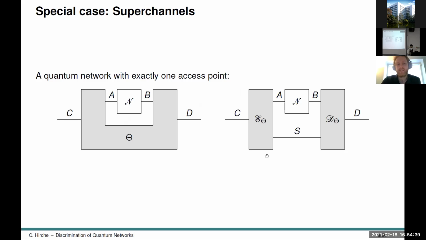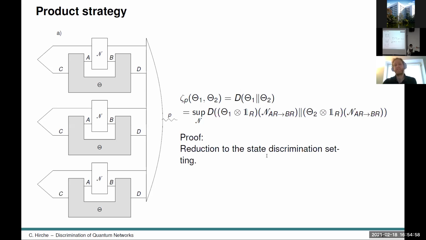So this is now the framework in which we want to do discrimination. We're going to have many copies of these superchannels or 2-combs, and we want to extend the known discrimination setting or Stein setting to this approach. And now the easiest thing you can do again is some kind of a product strategy.